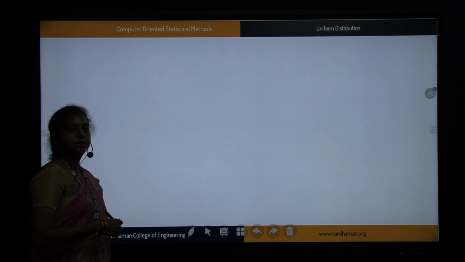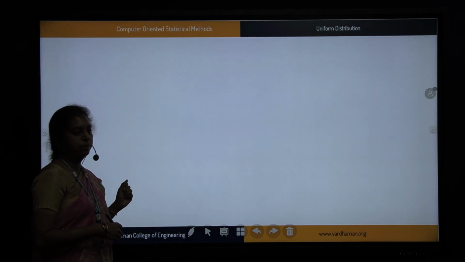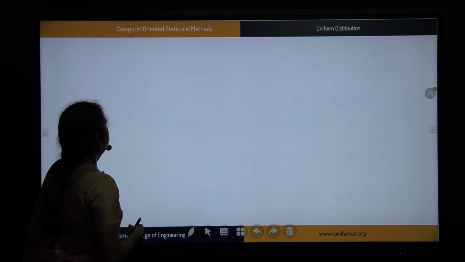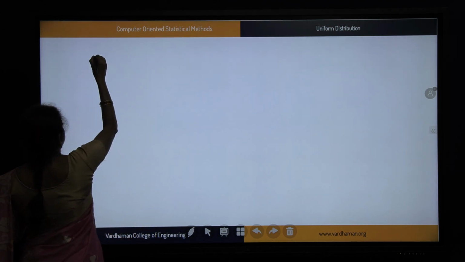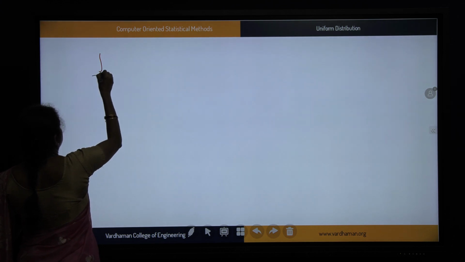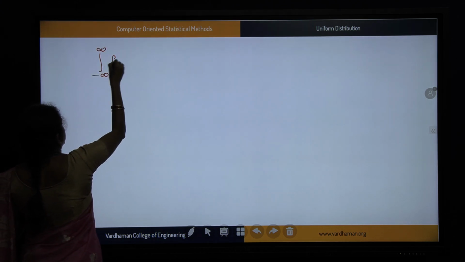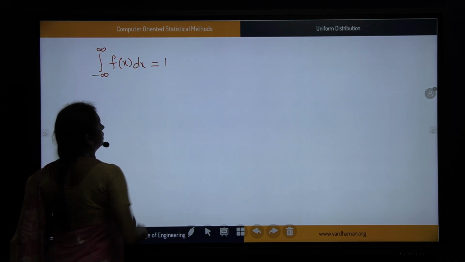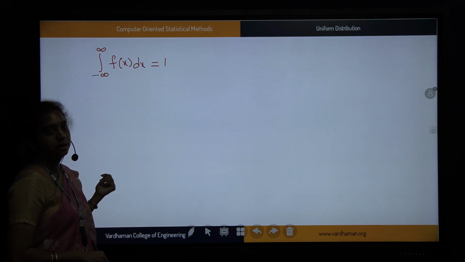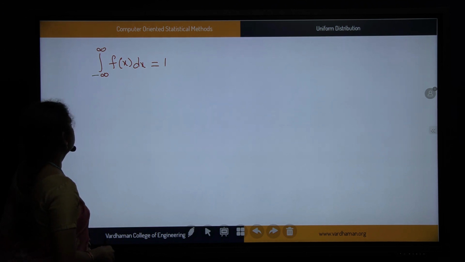Now since f of x is defined as k in the interval a to b, we'll find out what k is. As discussed earlier, a function is said to be a probability density function if the integral of f of x between limits minus infinity and infinity is equal to 1. In the same way here, f of x is given as k and the limits are a and b.